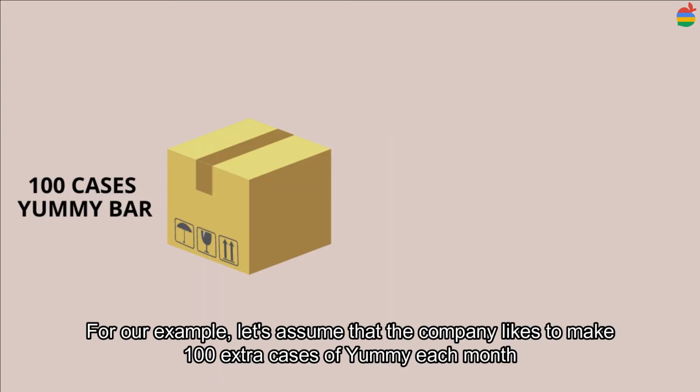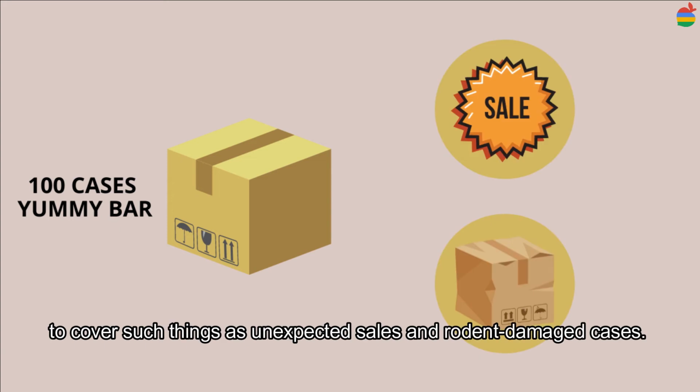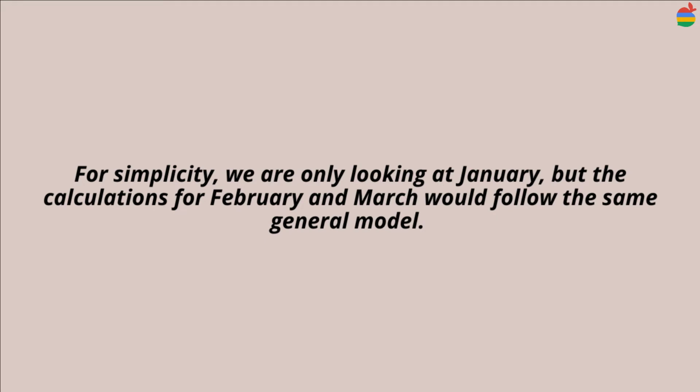For our example, let's assume that the company likes to make 100 extra cases of Yummy each month to cover such things as unexpected sales and damaged cases. Sometimes these cases are used and sometimes they are not. For simplicity, we are only looking at January, but the calculations for February and March will follow the same general model.